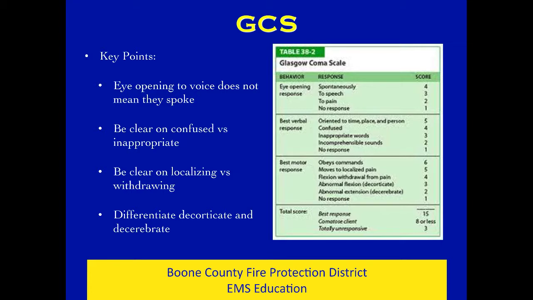Abnormal extension of the arms, along with extension of the toes and arching of the neck, is decerebrate posturing, and that is worse than bad. So decorticate, decerebrate, you should know them. At the paramedic level, we should be really, really good at this. There should be no misunderstandings here.